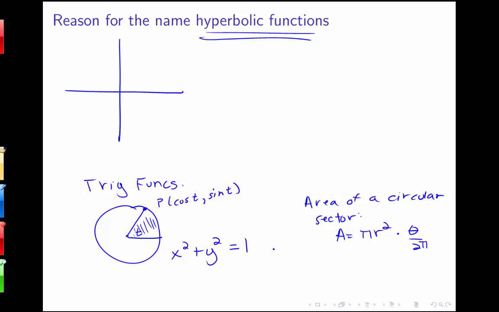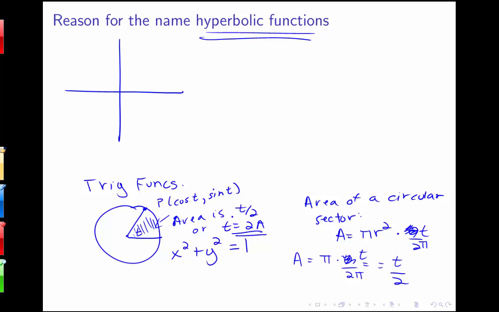Okay, so if we have our circle here of radius 1, we have pi times theta over 2 pi, or theta over 2. And since I'm talking about an angle t instead of theta, let me replace it here. So the area of that sector is t over 2. Okay, so this area is t over 2, or we could say t is equal to 2 times the area.